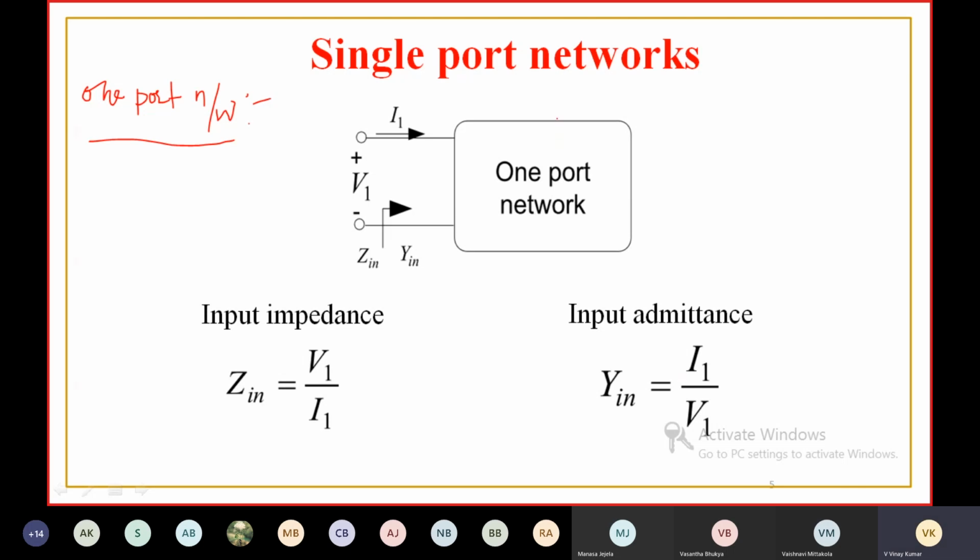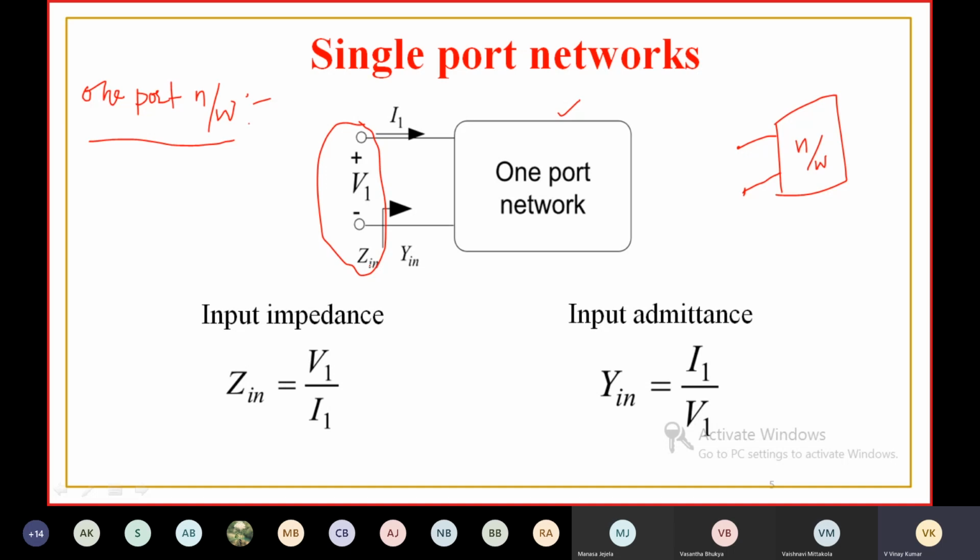Here this is the network which is having only one port. This is the port. This is the network. This network is having only one port, one pair of terminals. If it is having only one pair of terminals, this network is called a one port network.